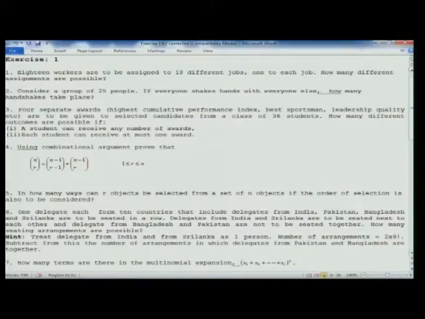Therefore, you will be subtracting from 2 into 9 factorial the number of arrangements in which both pairs are together, which is 2 square into 8 factorial. You subtract this number from 2 into 9 factorial, and that should give you the required number of ways in which you can have the required arrangement.